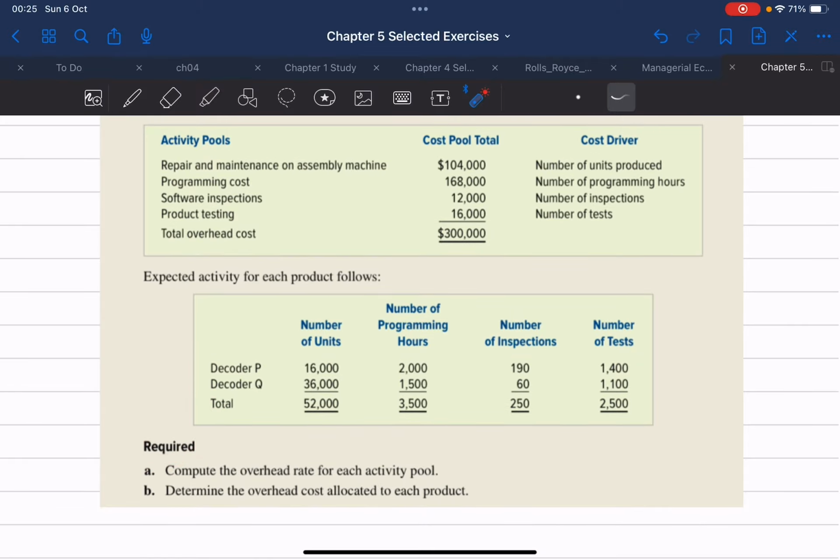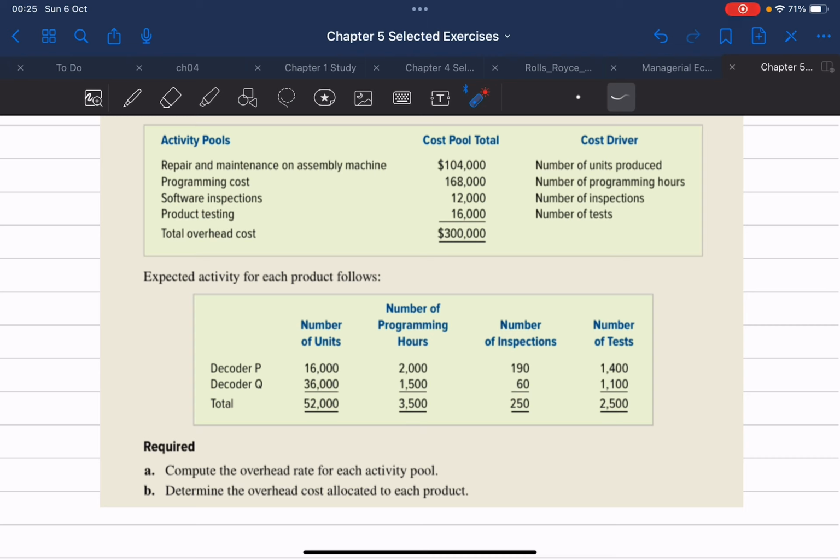What's required here is A, compute the overhead rate for each activity pool. So for each of these activity pools, we're going to determine an allocation rate. And then B, determine the overhead cost allocated to each product. Now don't get scared by the length and detail of this question.